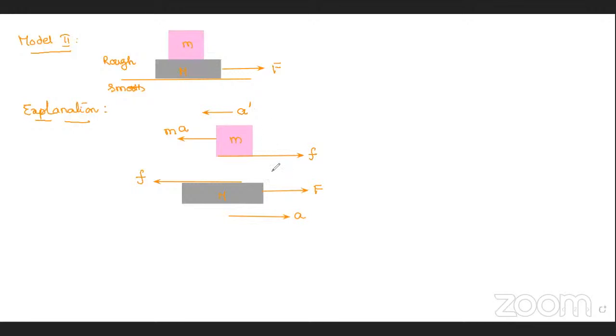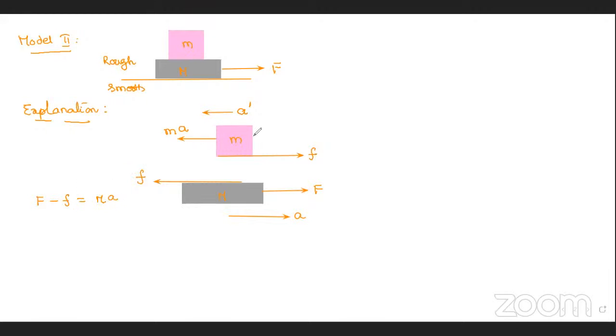Then in the free body diagram, if I ask for this acceleration, what do you write? Capital F minus small f or small f minus capital F? Capital F minus small f. Very good. So on the lower block you write capital F minus small f equals capital M A.